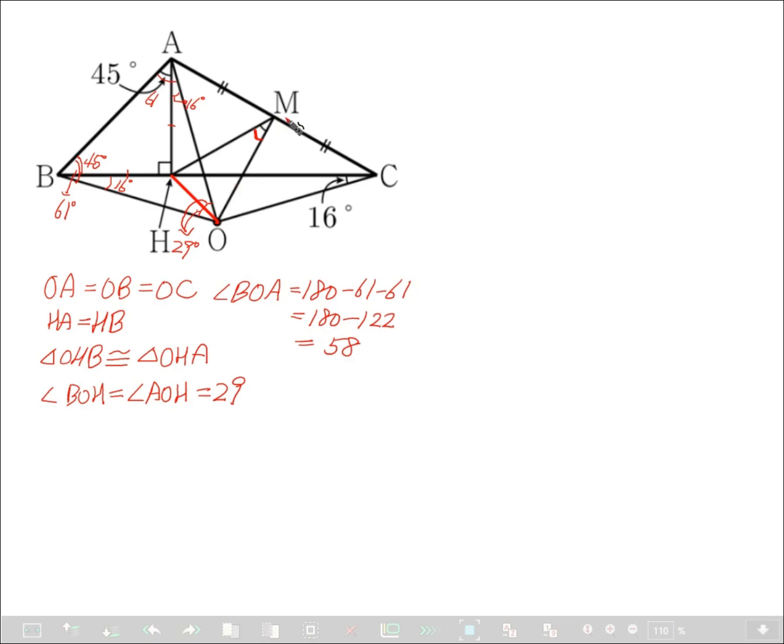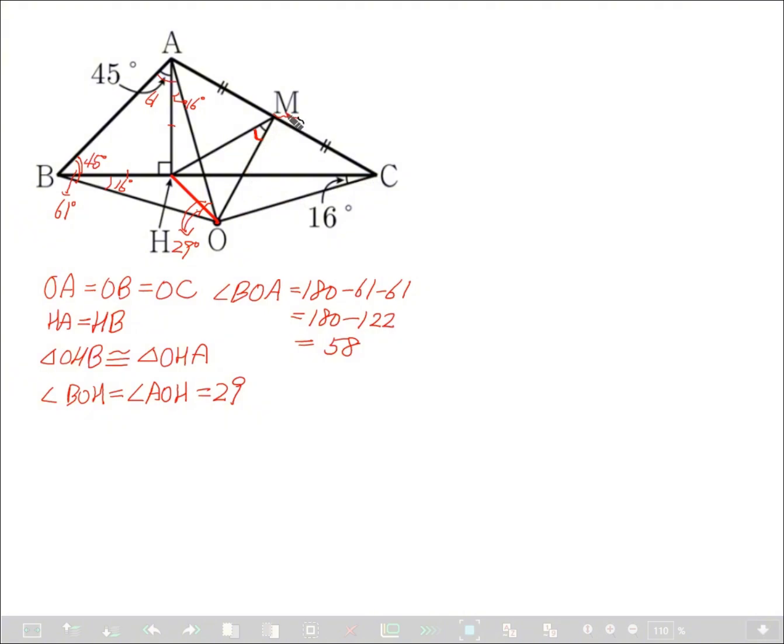And focus on this point M. M is the midpoint of AC. AC is the hypotenuse of triangles AHC and AOC.